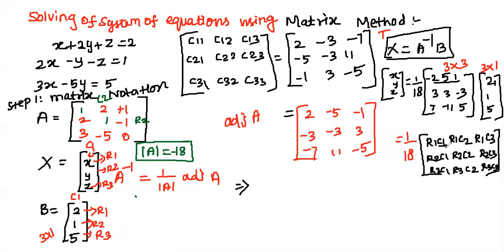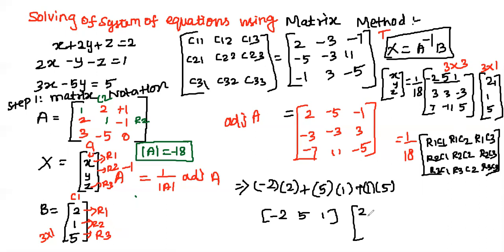So when you multiply the row 1 and column 1, it's going to be minus 2 into 2 plus 5 into 1 plus 1 into 5. So you'll be multiplying this and this, this and this, this and this, and you'll be adding these three.